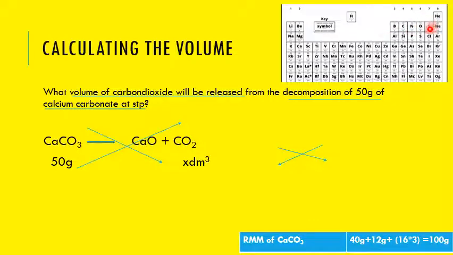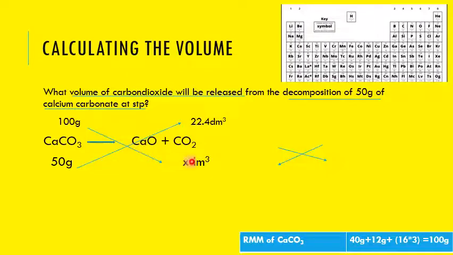So oxygen is over here, and it's 16, but there are 3 atoms of oxygen, so we have to say 16 times 3. Then you get the sum of each of these, and that is going to be your RMM. Your mass for calcium carbonate is going to be 100 grams.